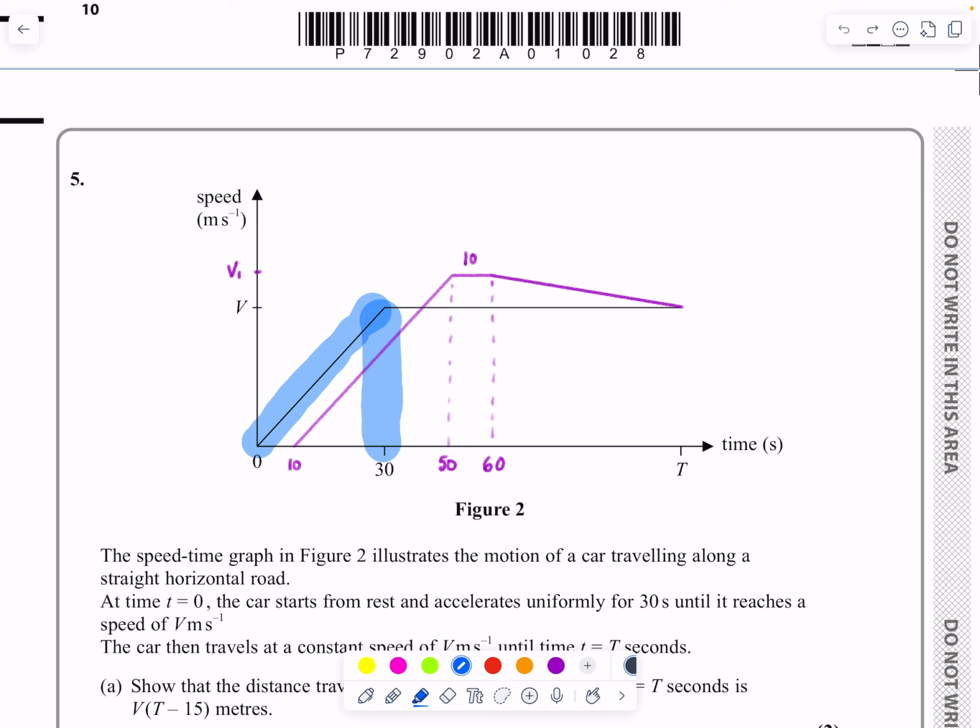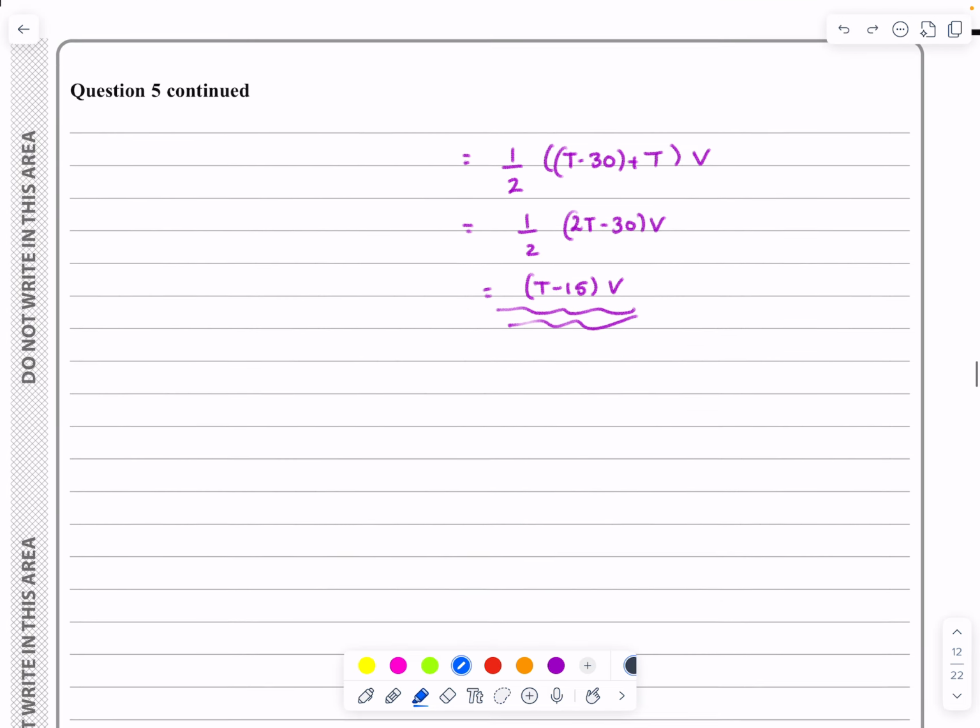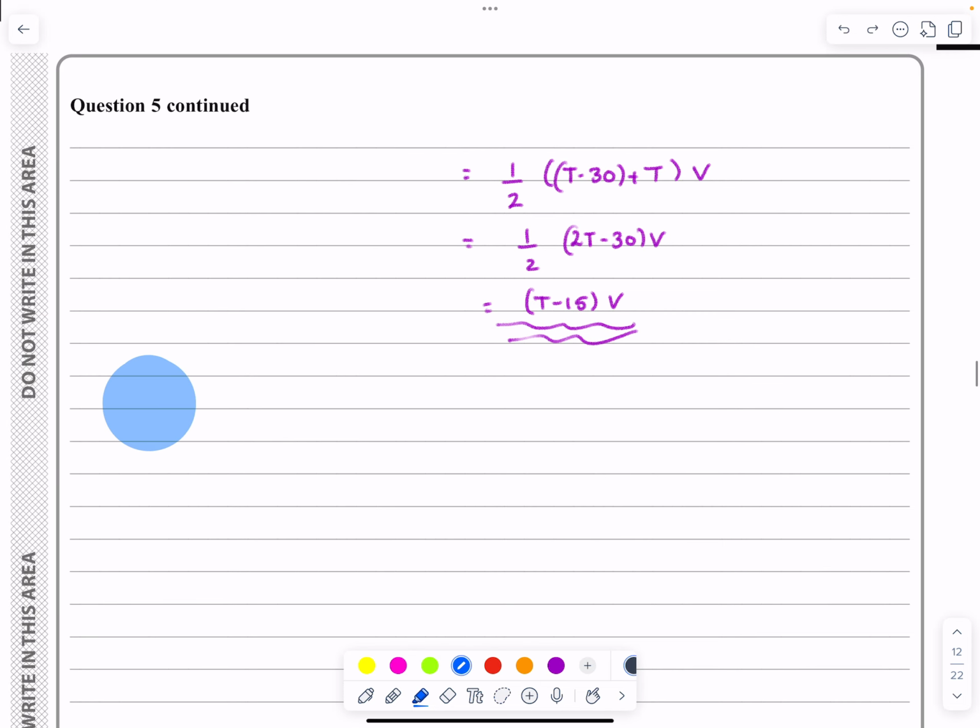So let's just tell the examiner what I'm going to be doing for part C. Part B, I'm just going to write down the graph. And part C, I'm now going to say the accelerations are the same.